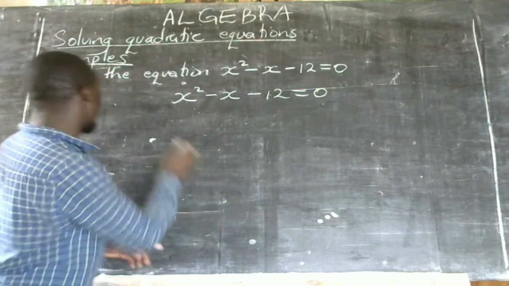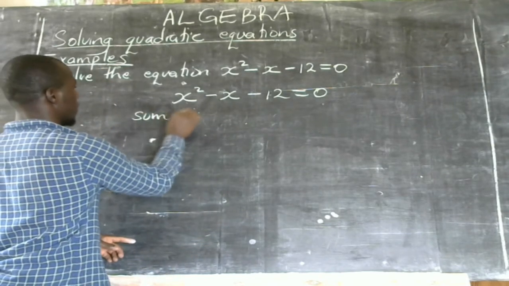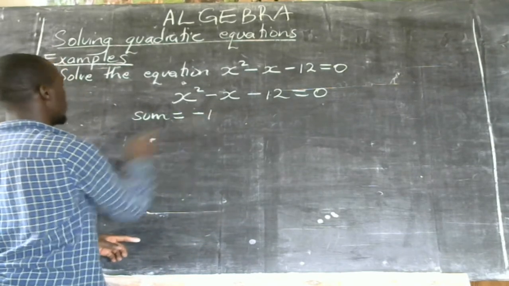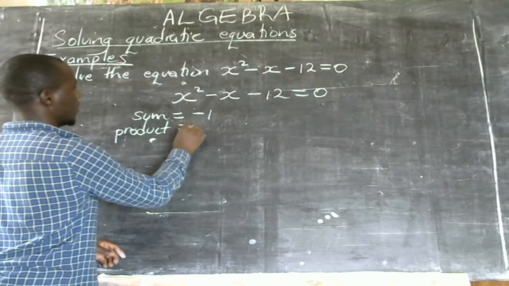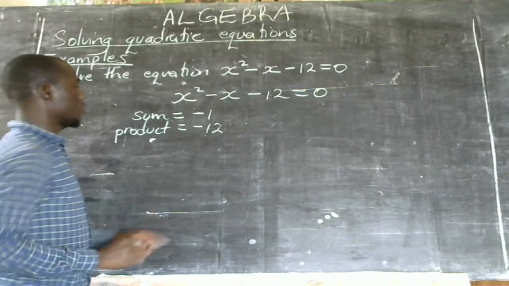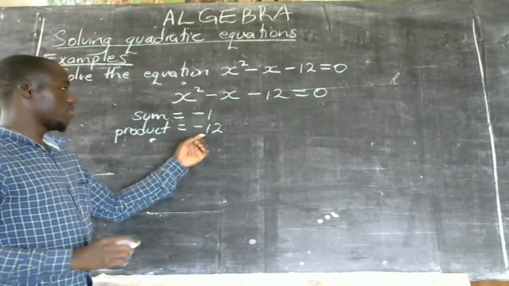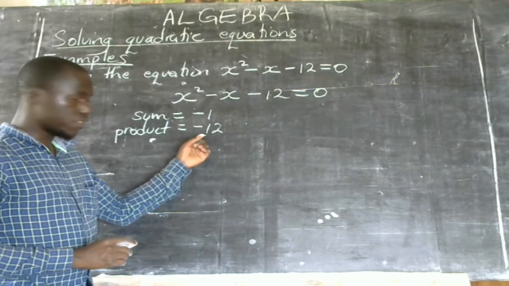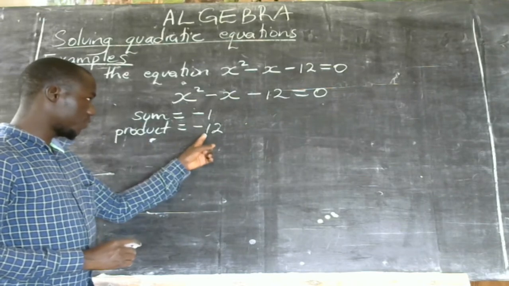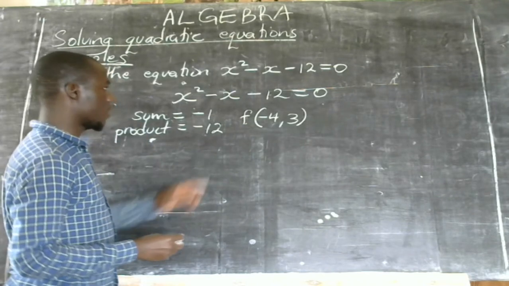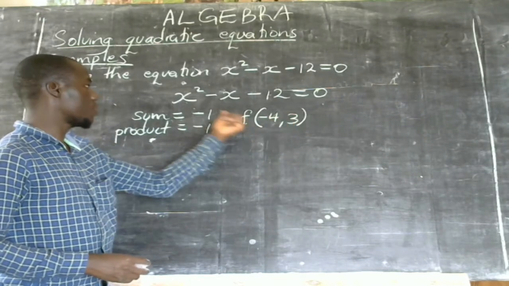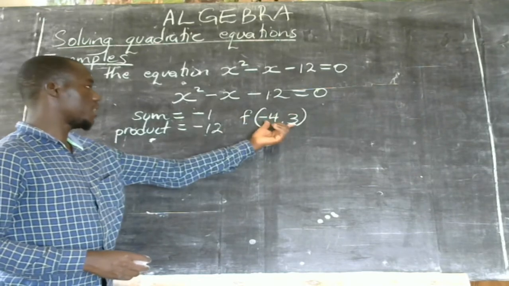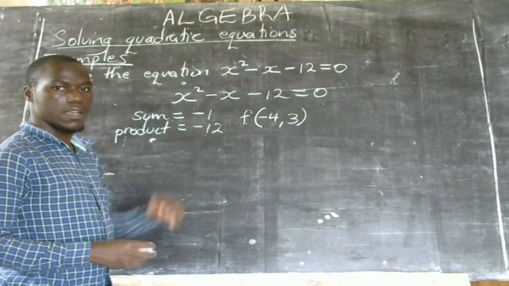So the sum is equal to negative 1. The product is equal to negative 12. We said factors come from the factors of the product, that is factors of 12. And those two are going to be negative 4 and 3. When you add them, you get a negative 1. When you multiply them, you get negative 12.